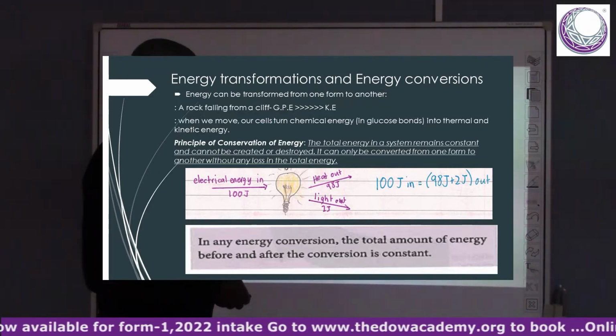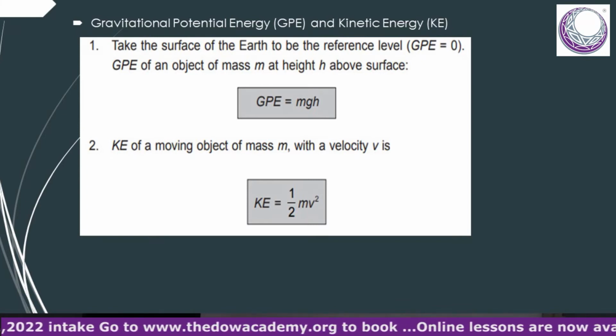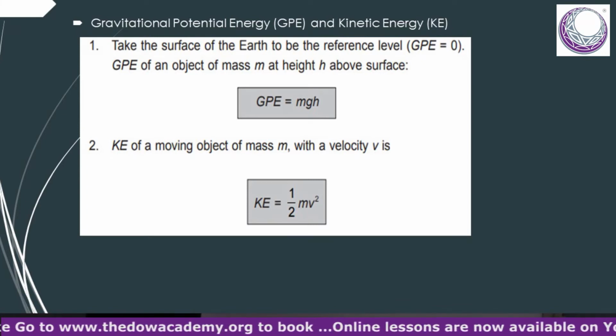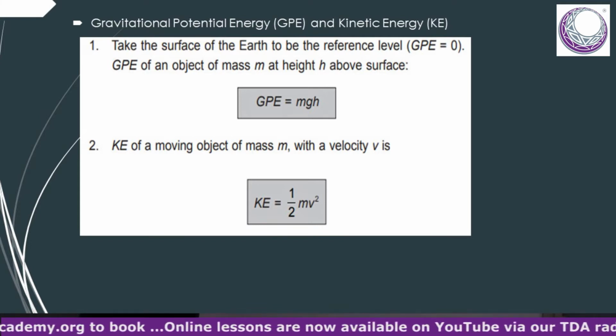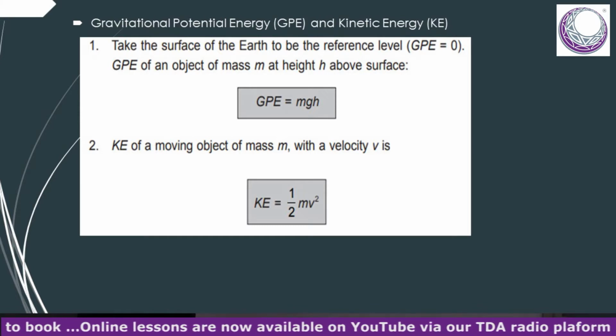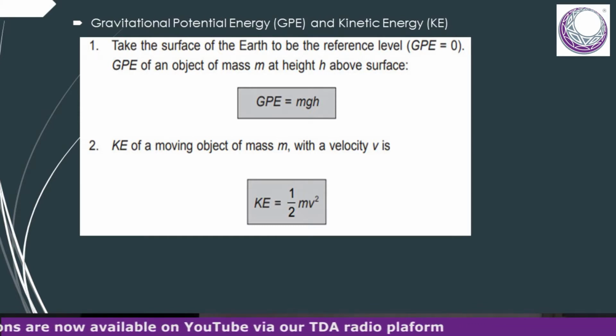We move on. Energy calculations, where you are now going to be able to calculate g.p.e. and K.E. We have our calculations here. The first one is for g.p.e., gravitational potential energy.